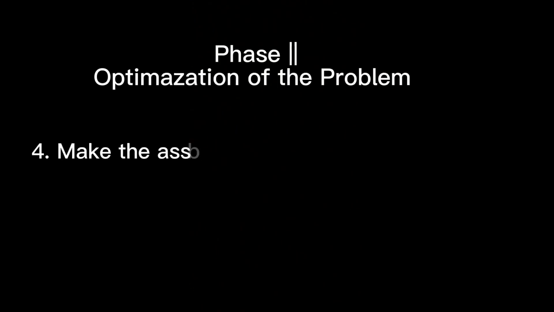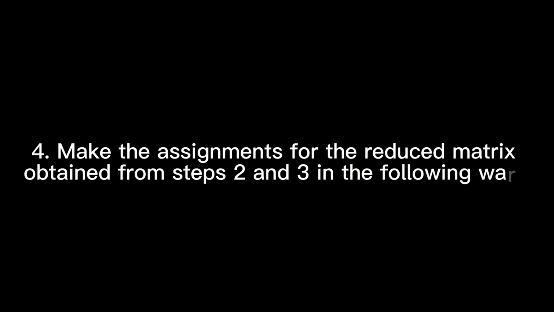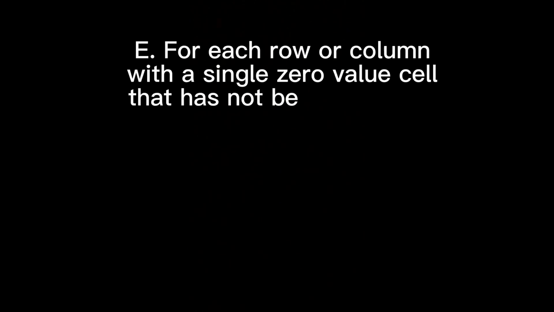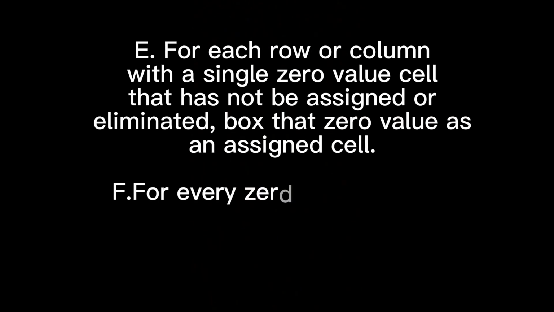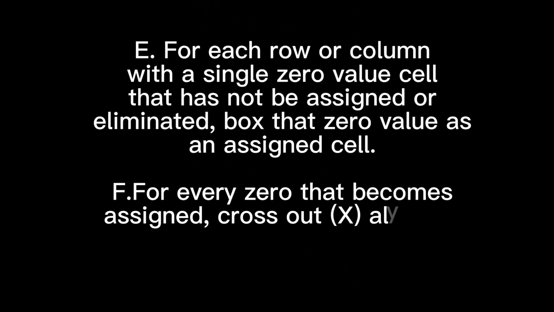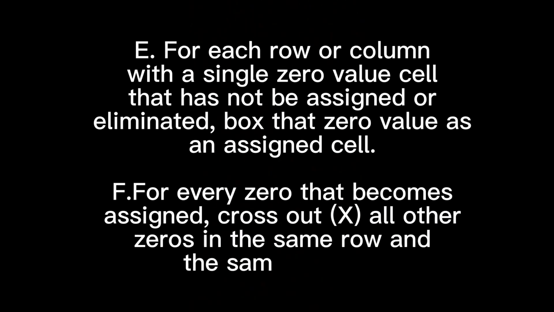Step 4. Make the assignments for the reduced matrix obtained from steps 2 and 3 in the following way. For each row or column with a single zero value cell that has not been assigned or eliminated, box that zero value as an assigned cell. For every zero that becomes assigned, cross out all other zeros in the same row and the same column.